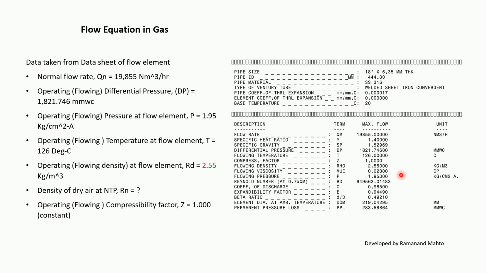Operating temperature, it is written T 126 degrees Celsius. Operating density at flow element, it is written 2.55, but I have to check whether it is correct or not. Density of dry air at NTP is not mentioned, so that needs to be calculated. And operating compressibility factor Z is 1, which is written as Z is 1.